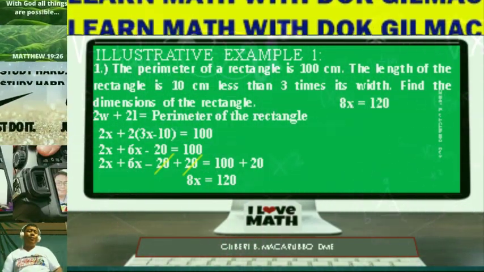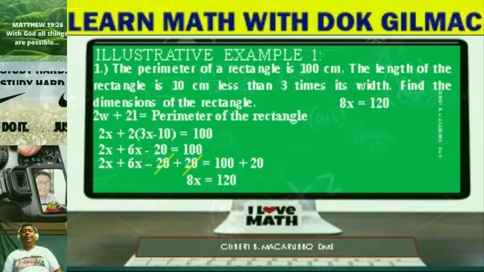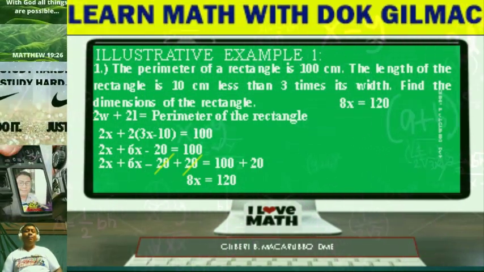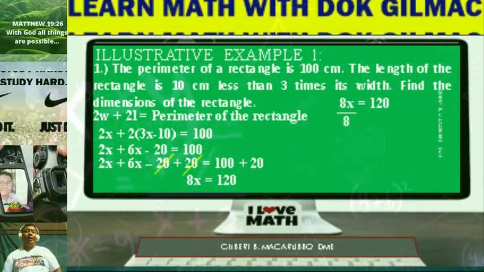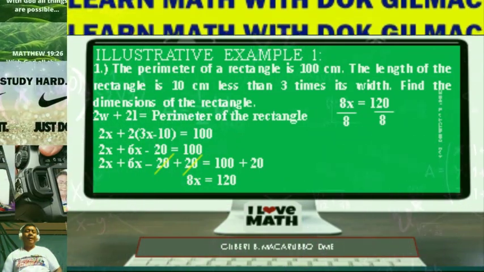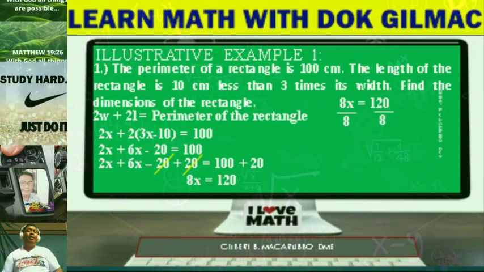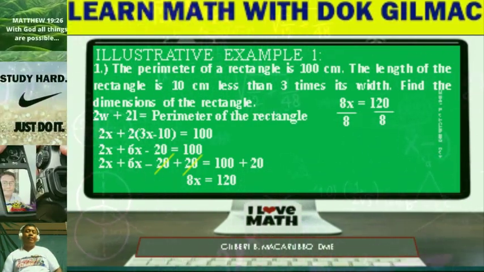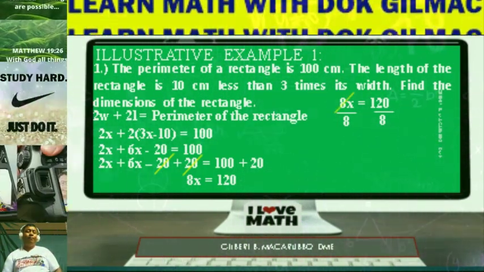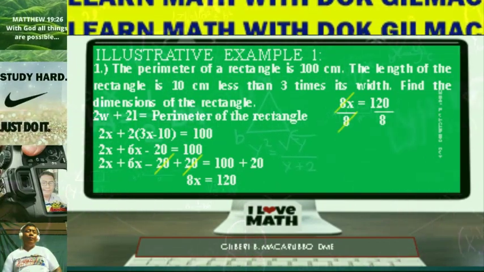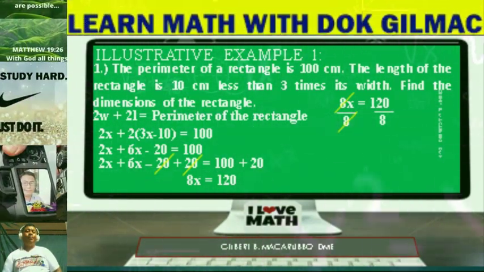Applying division property of equality, we can simply divide both sides by 8. Cancel out 8 and 1 over 8 since they are multiplicative inverse. So we have 8 over 8 is simply equal to 1.